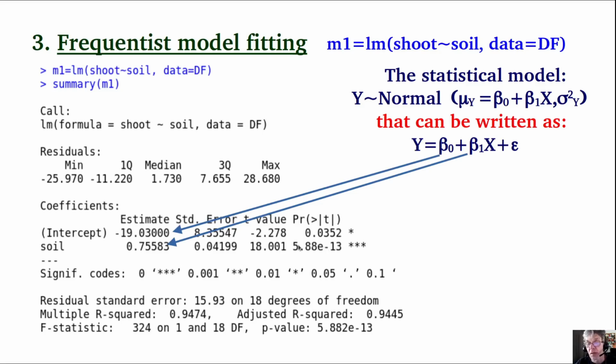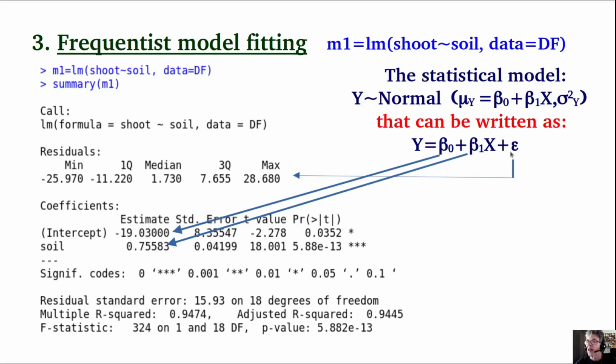Because the p-value is a lot smaller than the conventional threshold of 0.05, we say that this slope is statistically significantly different from zero, and therefore that there is a linear relationship between the explanatory variable and the response variable.